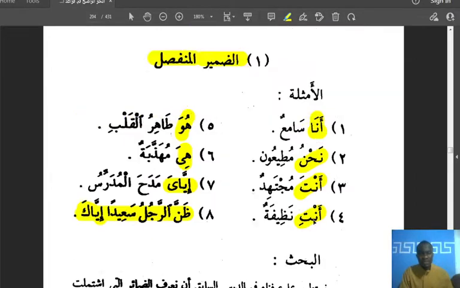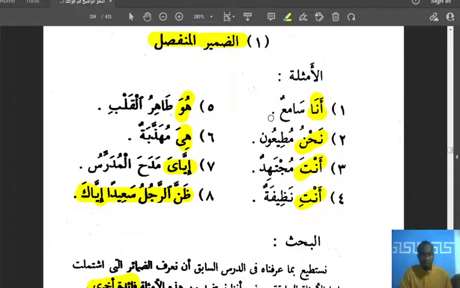Before we read the rest, let me just do i'rab of a couple of them. So we say أنا سامع. We say أنا ضمير مبني على السكون, because it ends with ألف مد, في محل رفع مبتدأ. That is the i'rab. سامع is خبر مرفوع وعلامة رفعه الضمة ظاهرة على آخره. نحن, you say ضمير منفصل مبني على الضم.